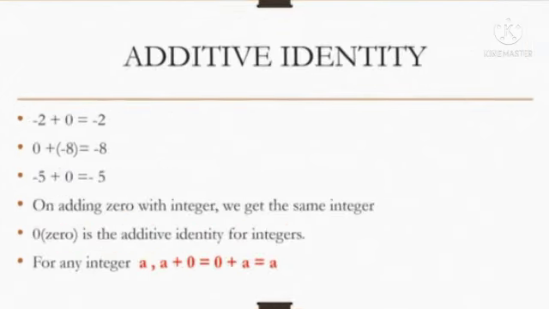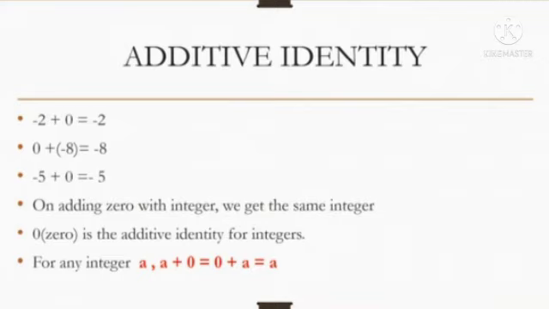Next one is additive identity. Let's see some examples. Minus 2 plus 0 is equal to minus 2, and 0 plus minus 8 is equal to minus 8. And also minus 5 added with 0 is minus 5.